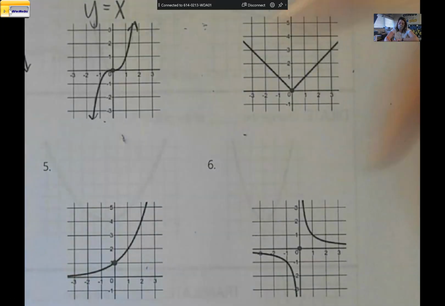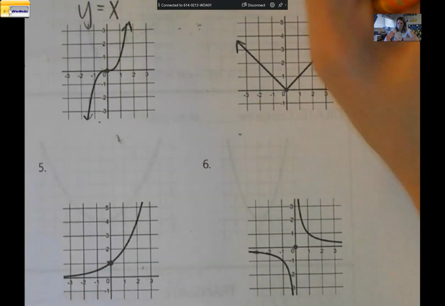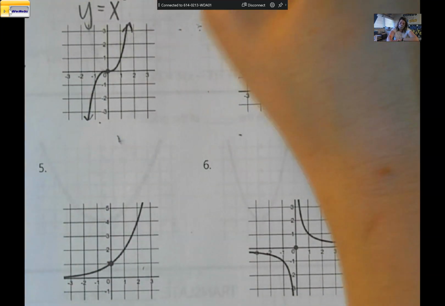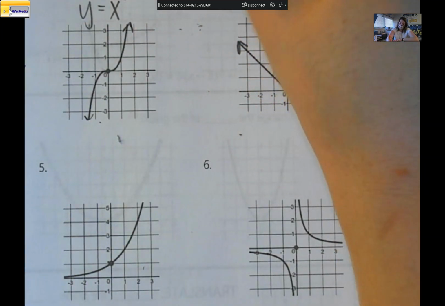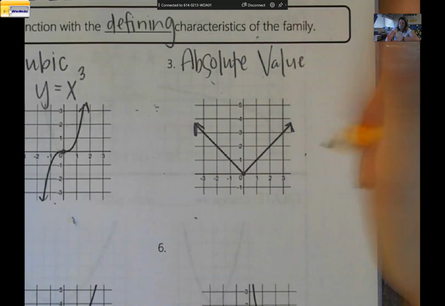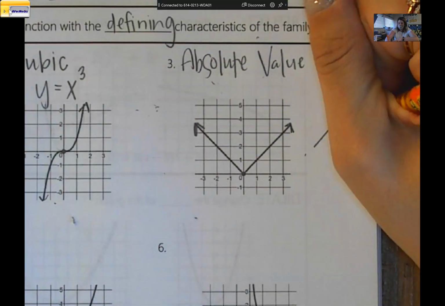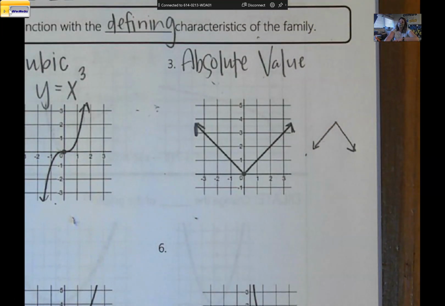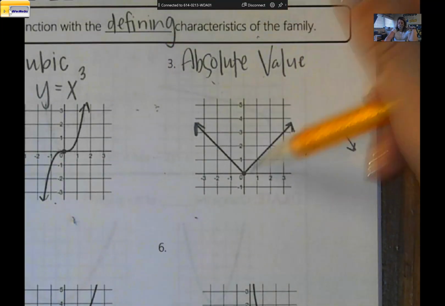Okay, anybody remember this guy? Starts with an A. Absolute value. This guy is absolute value. You've seen him as like this V. He could also be flipped or reflected like the parabola so that he looks like a triangle. His defining characteristic is that he's pointy.